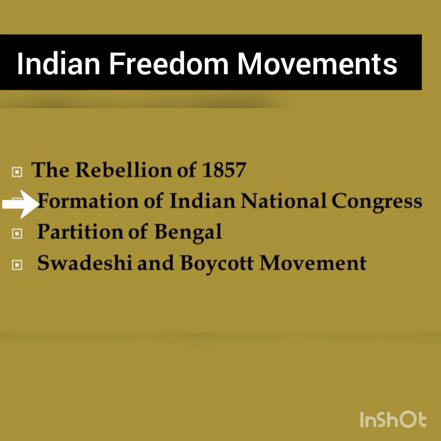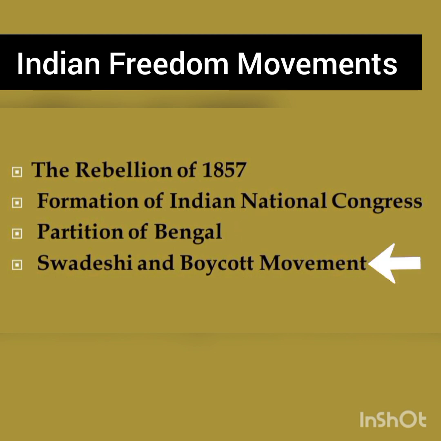Then the formation of the Indian National Congress by A.O. Hume in 1885. It started negotiating terms with the British. It became stronger day by day till the end of the freedom movement in 1947. Partition of Bengal. This partition helped Indians to see the divide and rule play behind the administration of the British.